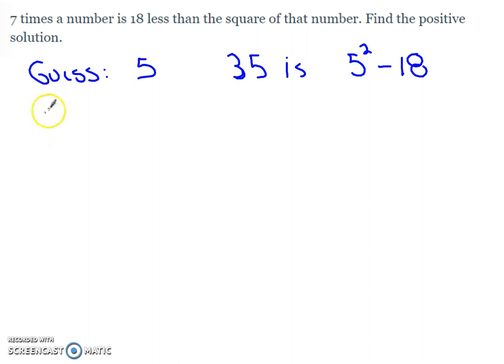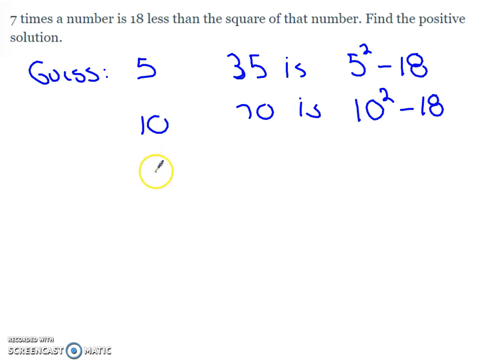Okay. So let's try, I don't know, how about 10? Okay, 7 times the number is 70. Okay, and that's supposed to be 18 less than the square of that number, so is 10 squared minus 18 equal to 70? Nope, it's not. Let's guess again.